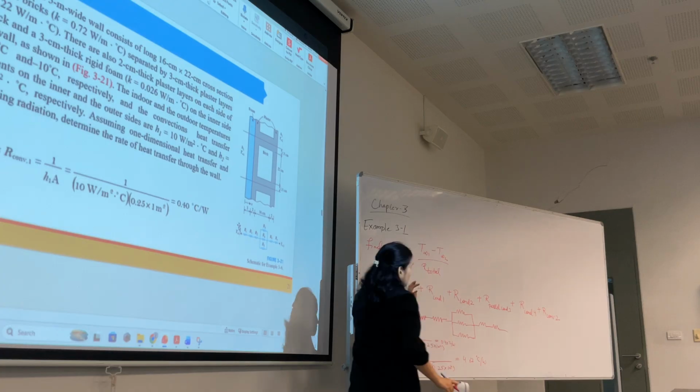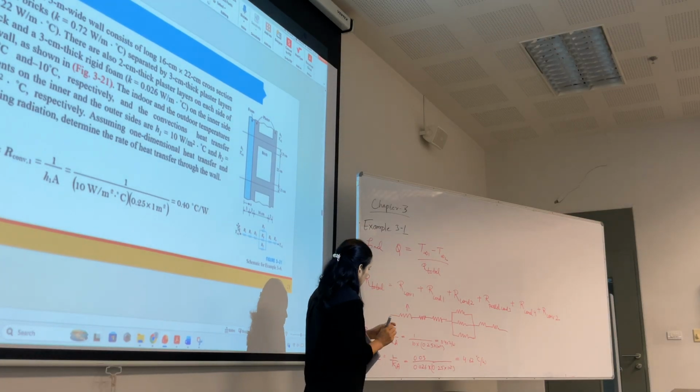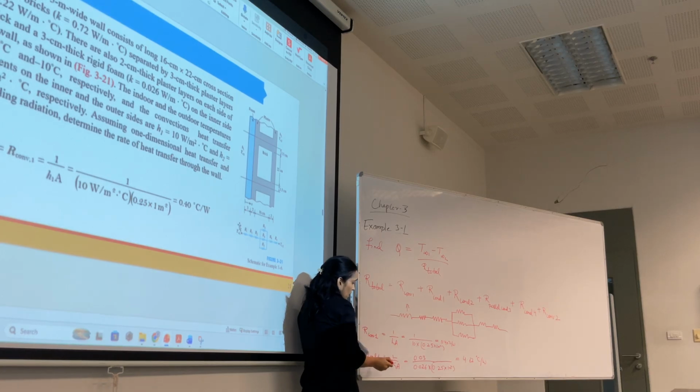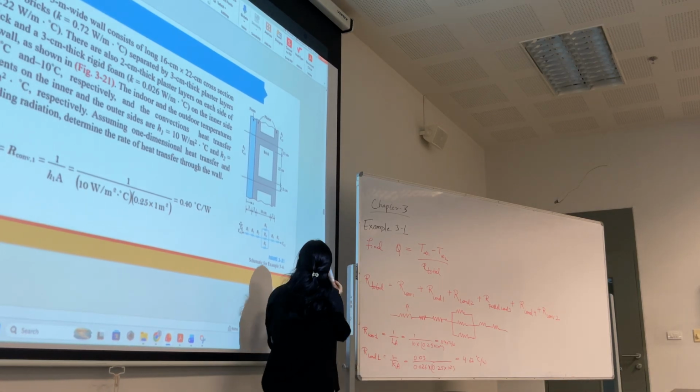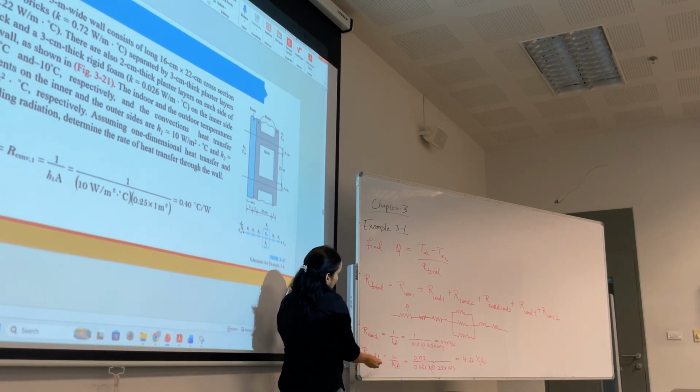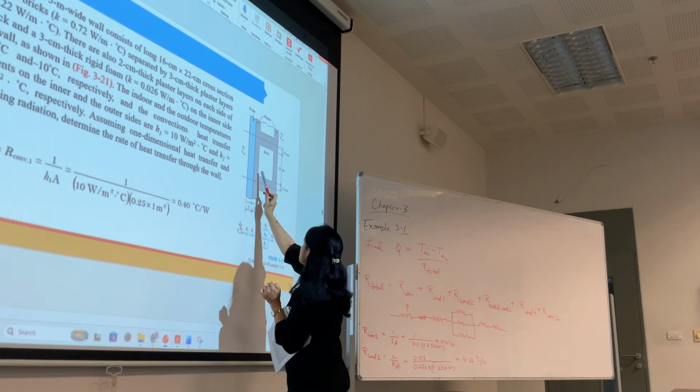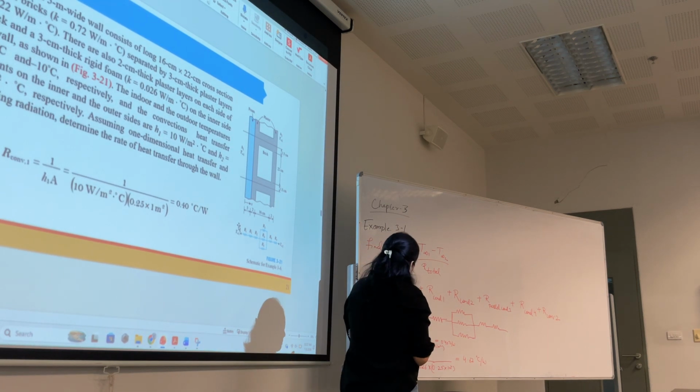Okay? Sorry. So we have R convection 1. We have R conduction 1, which is this. We have created one more conduction, which is this. Okay?